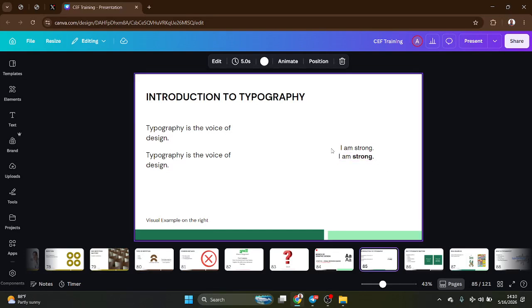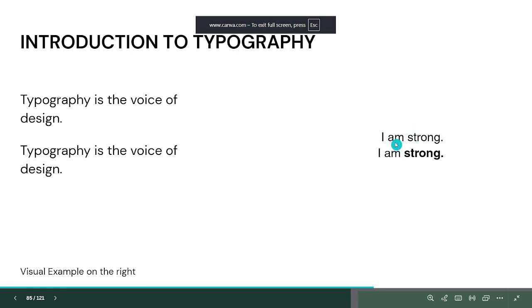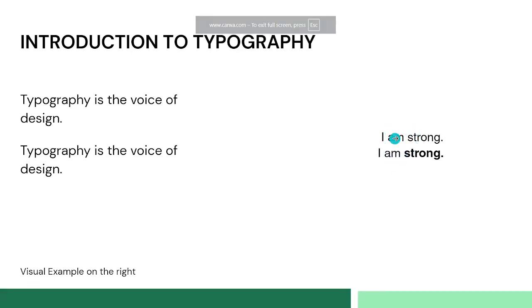Looking at this visual example on the right, which of these two sentences do we think connotes the word I am strong better? I would like to have our responses. The one that is bold.